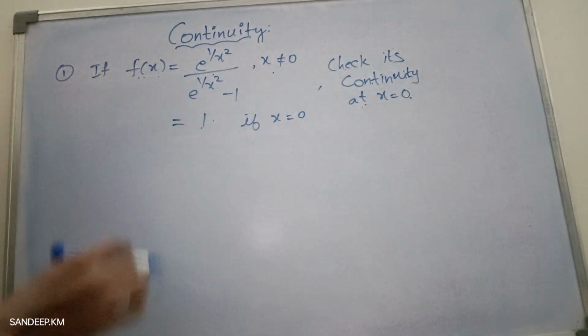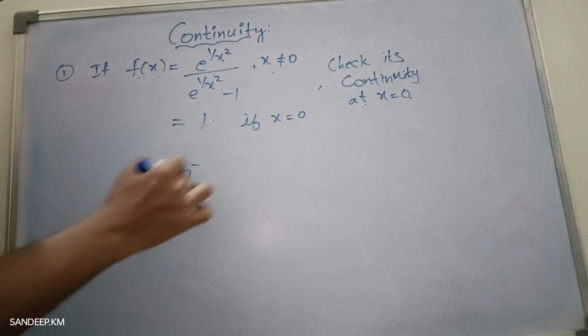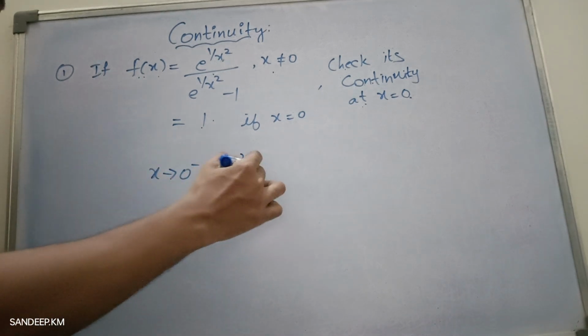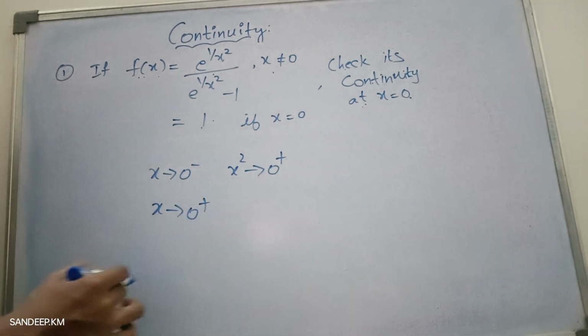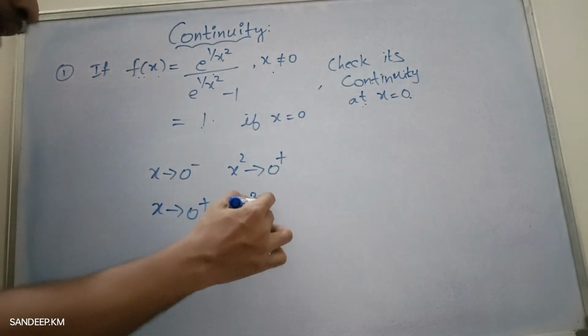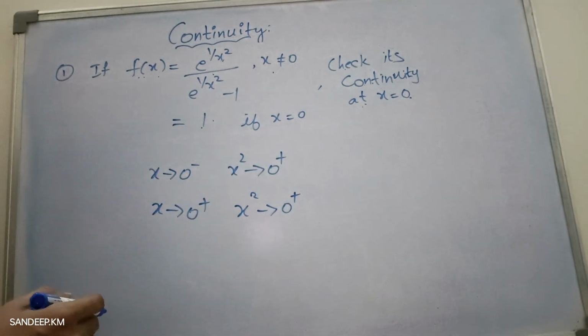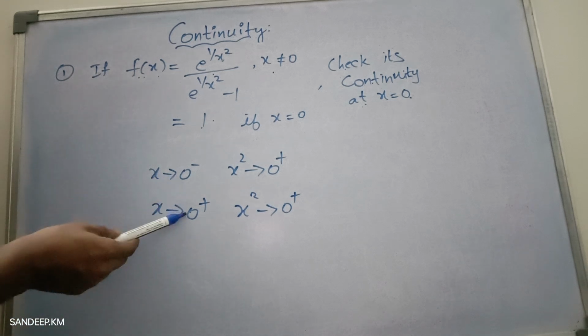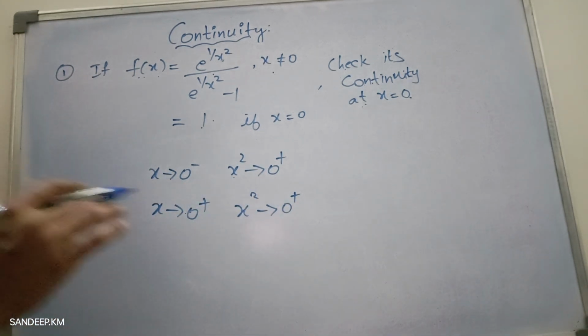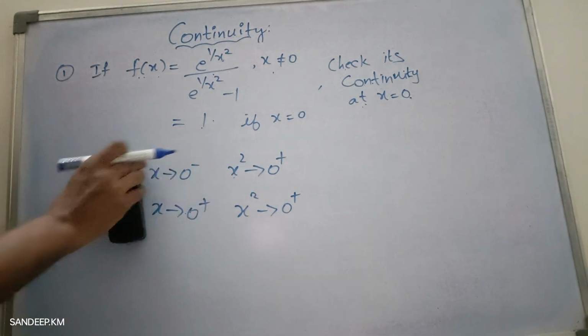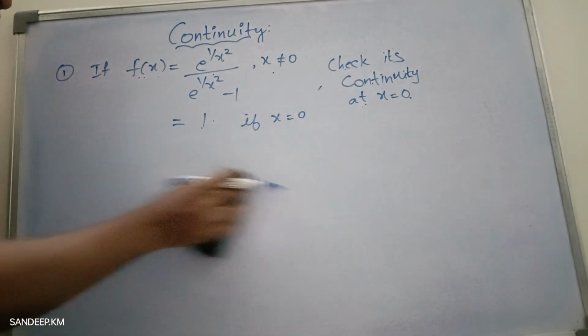Are you understanding what I am saying? If x is approaching 0 from the left side, its square will be approaching 0 from the right side. When x is approaching 0 from the right side, then also its square is approaching 0 from the right side. So for both cases, x square is approaching 0 from the right side only. So we are not finding LHL and RHL separately. We are finding the limit of the function directly.